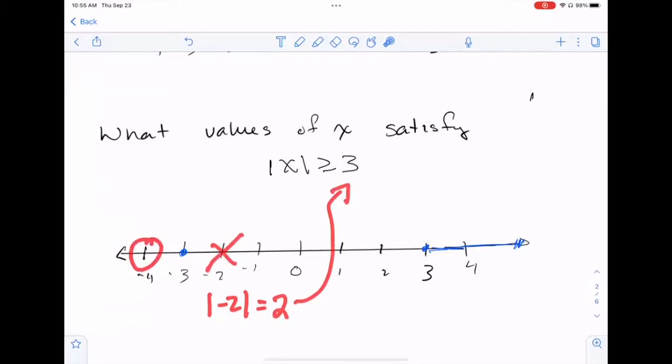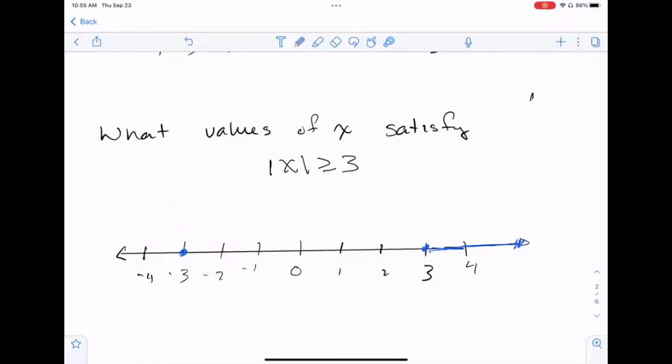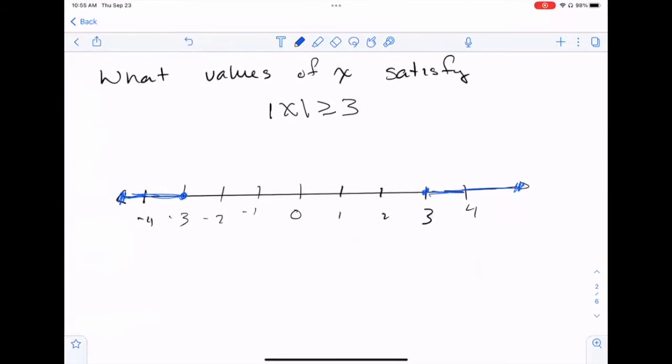However, -4 does have an absolute value greater than or equal to 3, which implies I want to fill in to that side. That gives us that our inequality has two parts. x has to be less than or equal to -3, those are all those values, and x has to be greater than or equal to 3, those are all the values here.